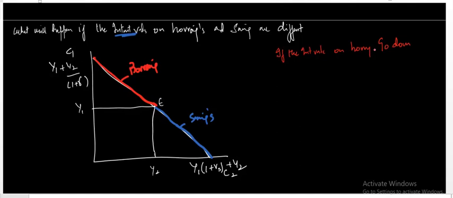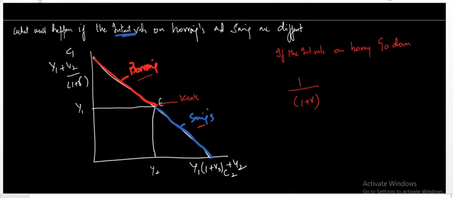But before understanding that, earlier we assumed that borrowings and savings had the same interest rate, therefore the slope of this line was 1 divided by 1 plus r. Now since there are two different rates, one for borrowing and another for saving, there are going to be two different slopes, and there is going to be a kink over here because the rates are different.